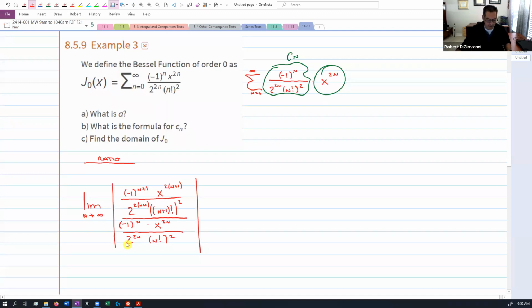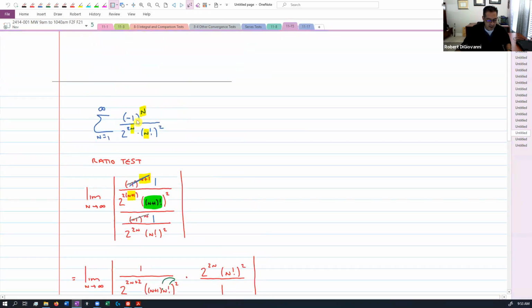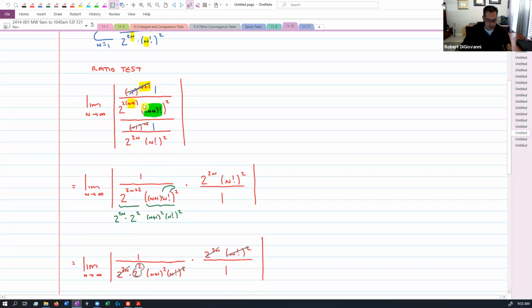So if you look back from last class, I'll put that back up in a second. If we look back from last class, this thing that we did in class was basically the c sub n. I did not put the x part in here, because I wanted you to at least have seen how you deal with this.